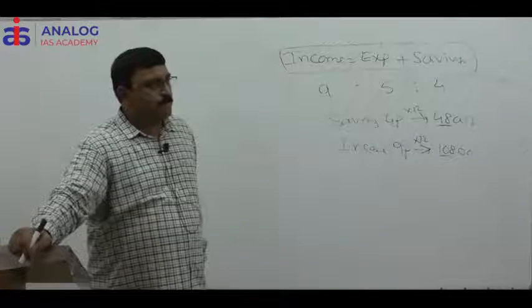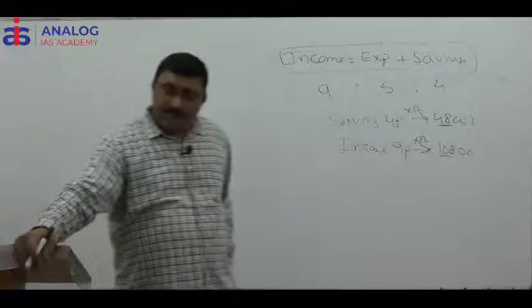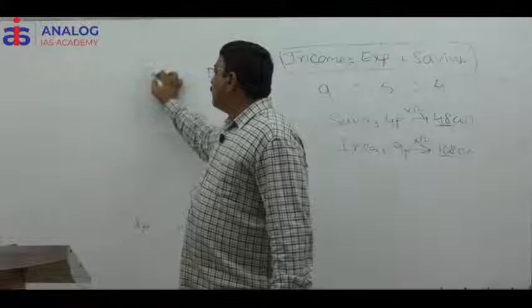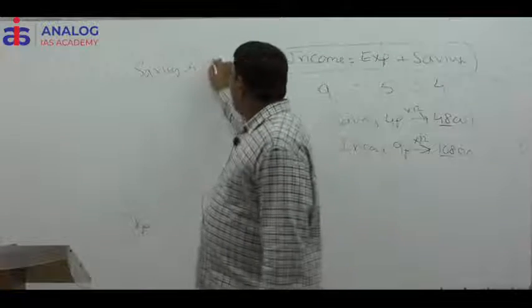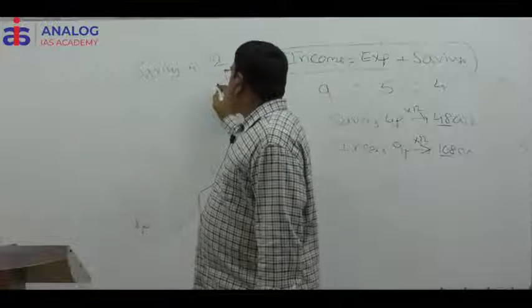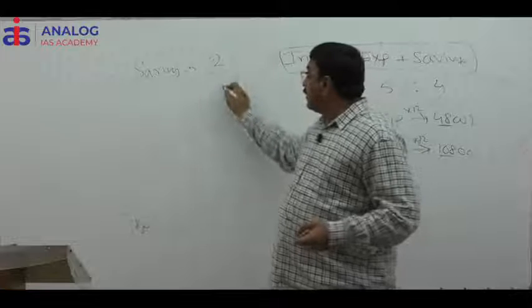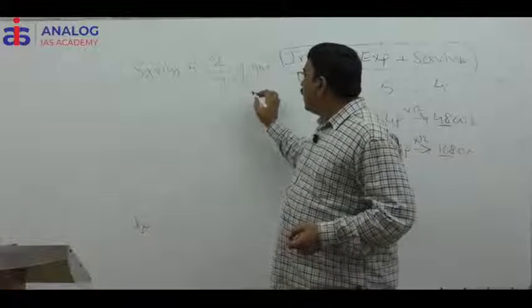A person's savings is 2 by 7th of his income.